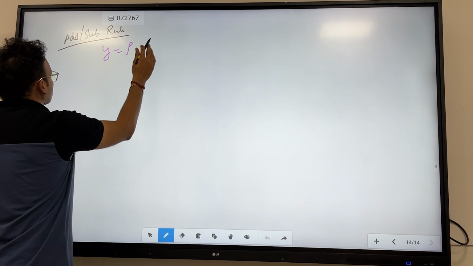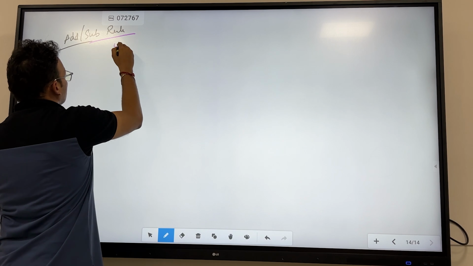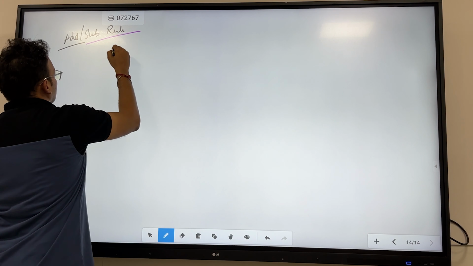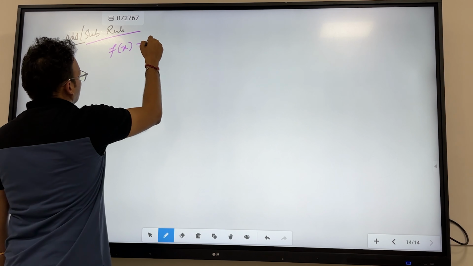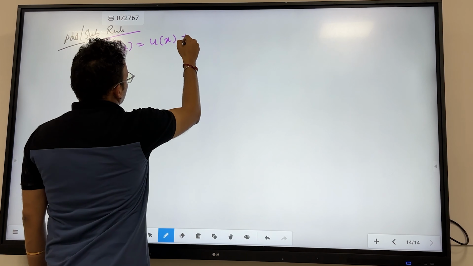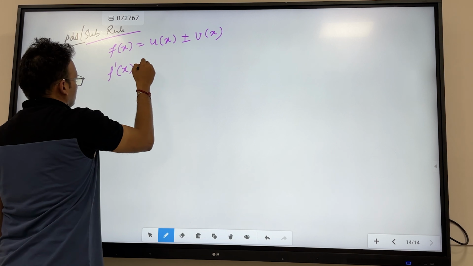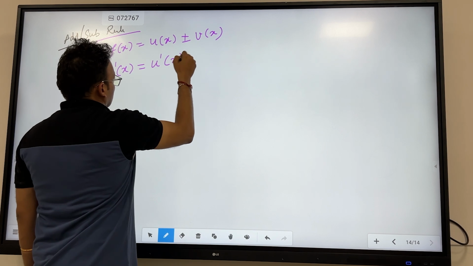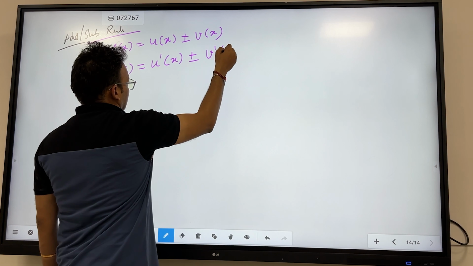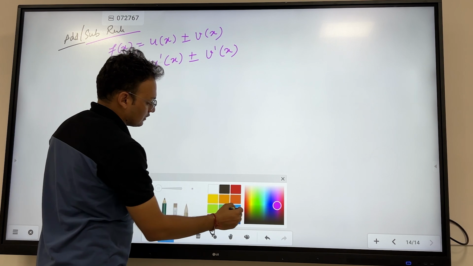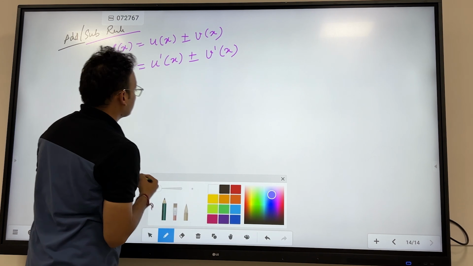Let's say f(x) is equal to u(x) plus minus v(x), then f'(x) is equal to u'(x) plus minus v'(x). Right? Now let's solve this using the first fundamental principle.